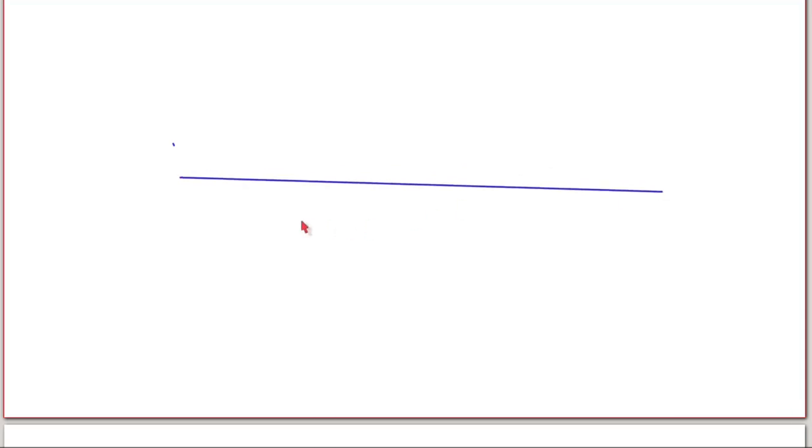Let's say you have a triangle like this. For this triangle, let's say this is 30 degrees and this is 70 degrees. The question says, find that angle there, which is X.